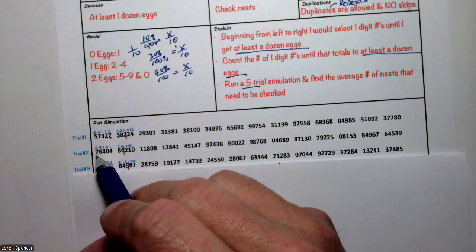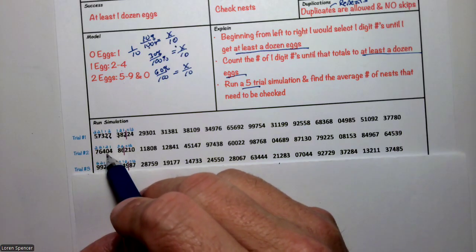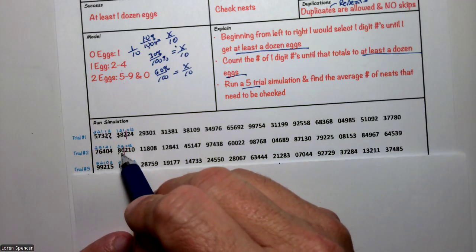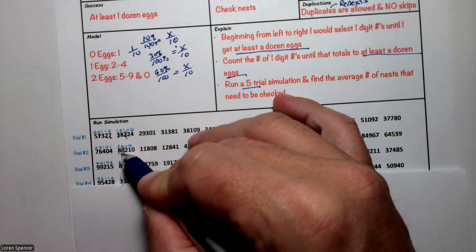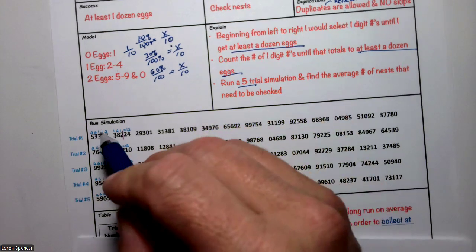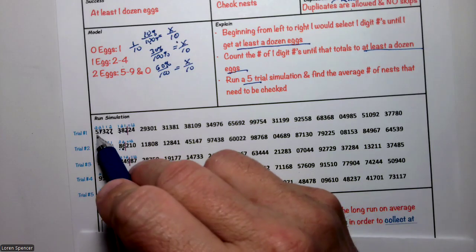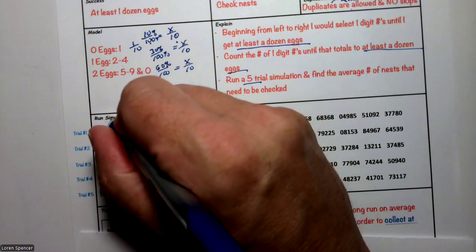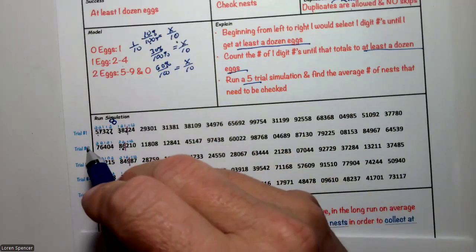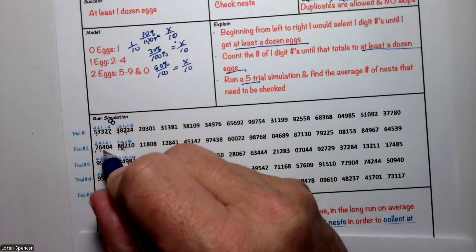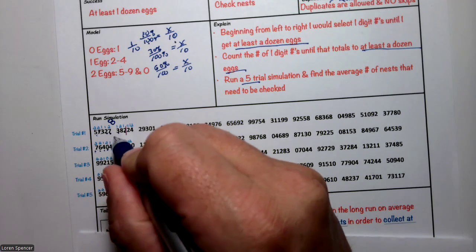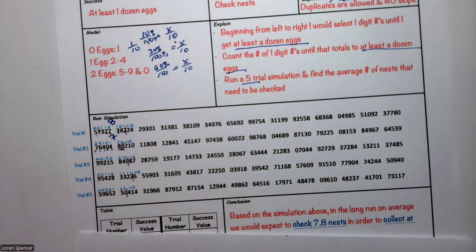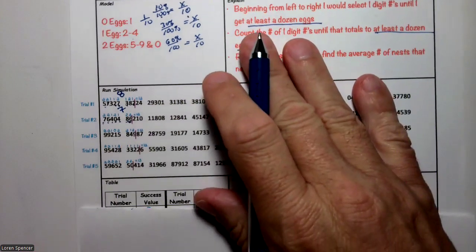So in this case, we had to try 1, 2, 3, 4, 5, 6, 7 nests. Excuse me, I should just write that down. This is 12 eggs, but 1, 2, 3, 4, 5, 6, 7, 8. We had to open 8 nests. Right here, 1, 2, 3, 4, 5, 6, 7. We checked 7 nests.